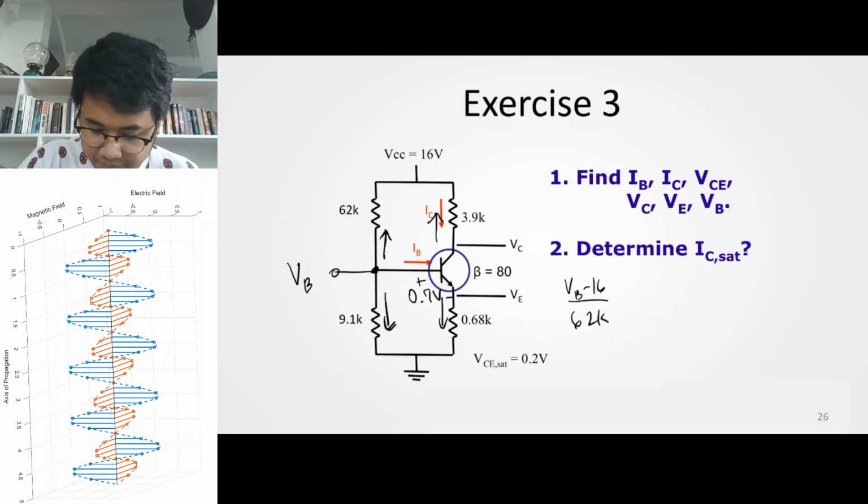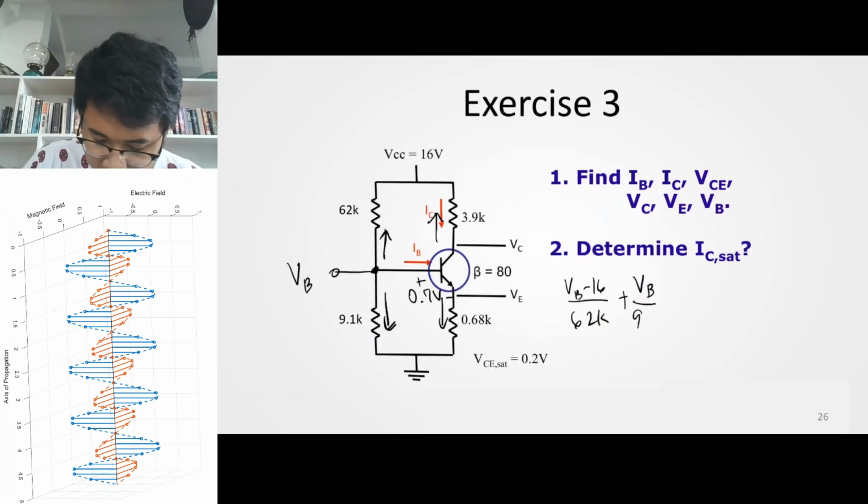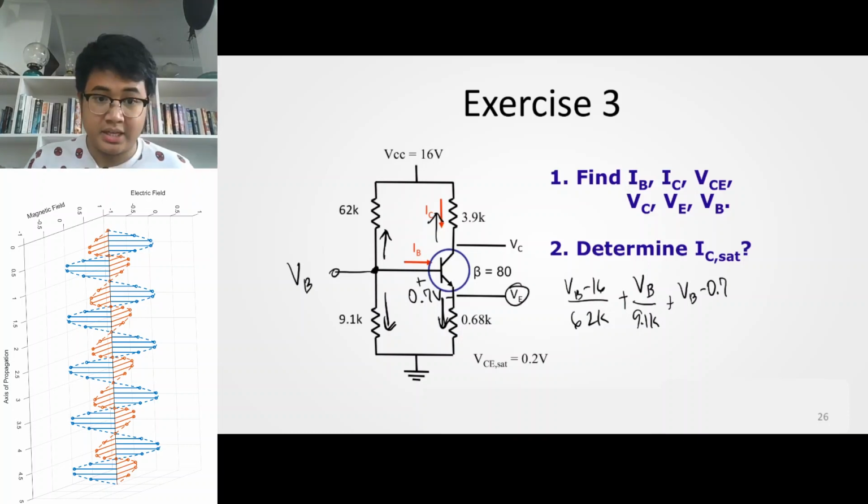Going down, it's VB minus 0 over 9.1K. Going down here, that's equal to VB minus 0.7, that is the potential here at VE, since there's a potential difference of 0.7 volts here, divided by 0.68K.